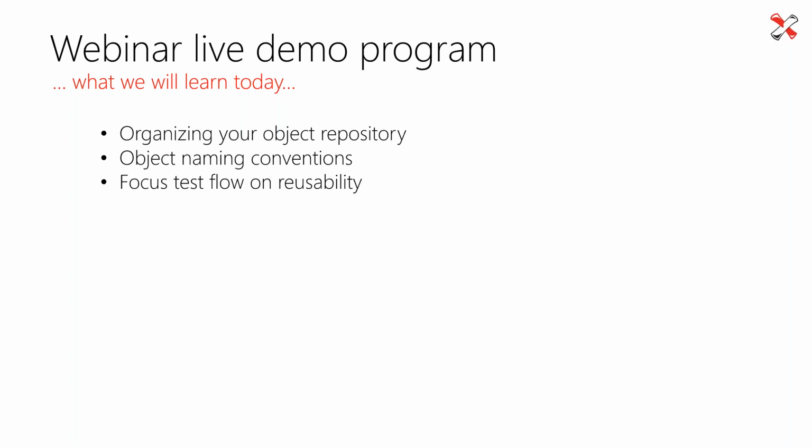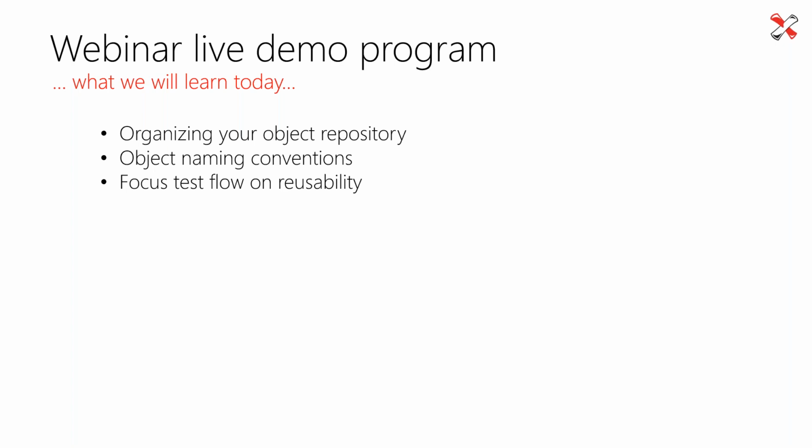And finally, we'll talk about focusing on a test flow that really emphasizes reusability. So objects are definitely the most important, but actions are as well. As you know, basically that's what it boils down to at the end of the day. With an object-based tool like Ranorex, we need to first capture your UI elements, your objects, but of course actions are very important as well, what we do with those objects, right?